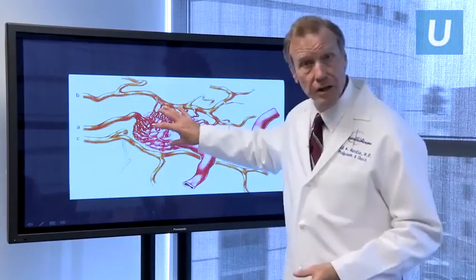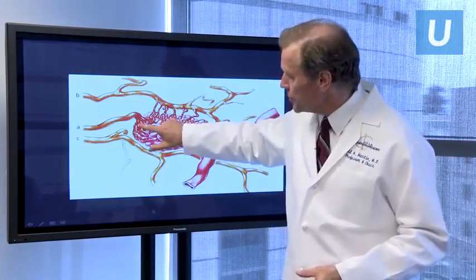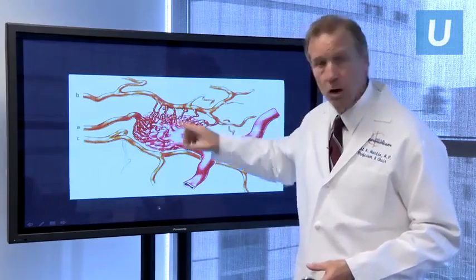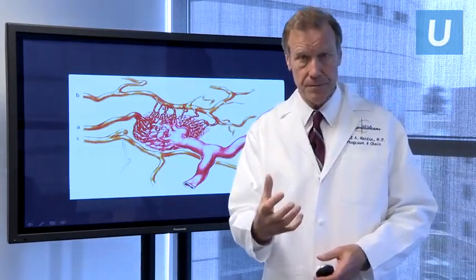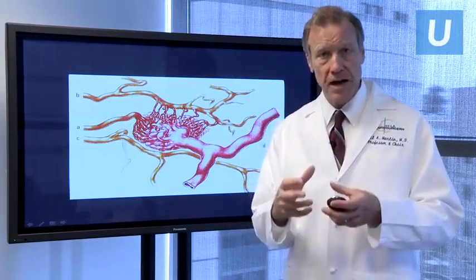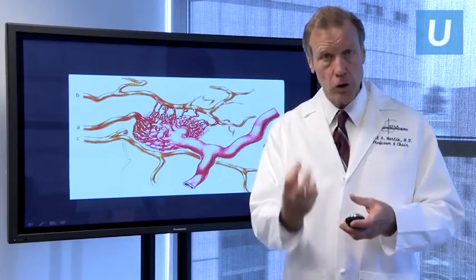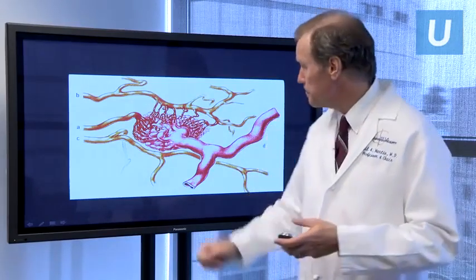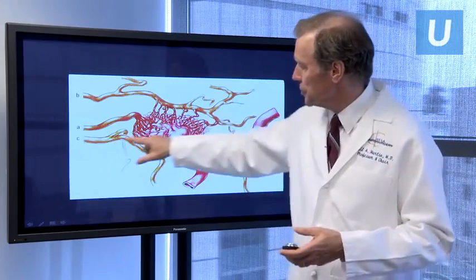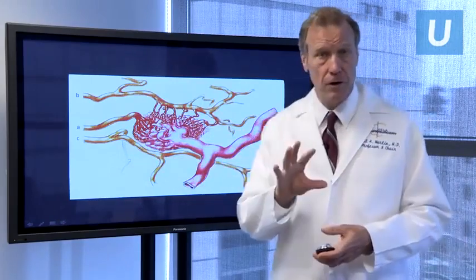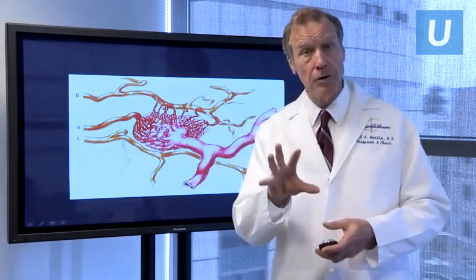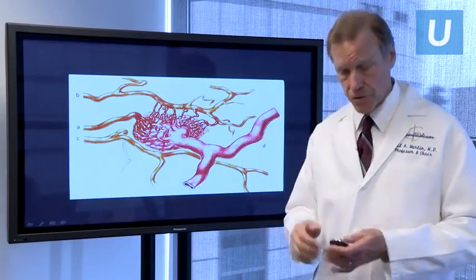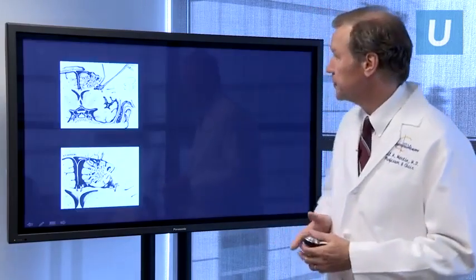Our goal in treating this is to block each individual blood vessel right as it goes into the AVM, remove the nidus or obliterate it, occlude it, block it off completely, and preserve the circulation in the normal brain blood flow, in the normal brain arteries, so as to prevent a stroke in the surrounding brain areas.